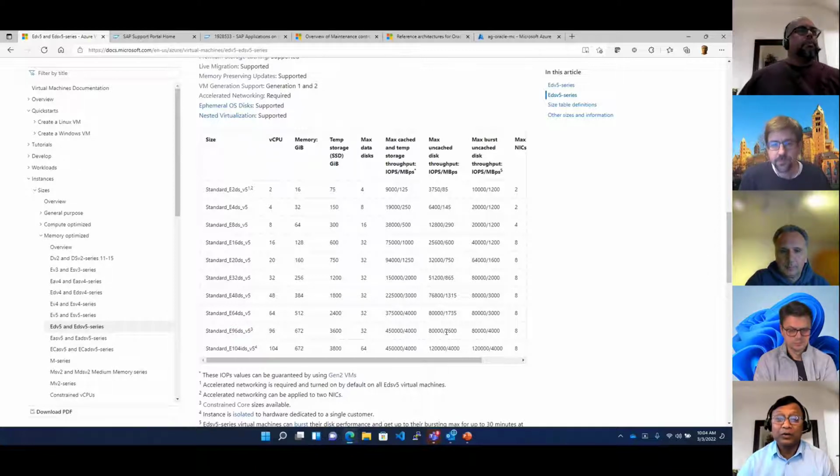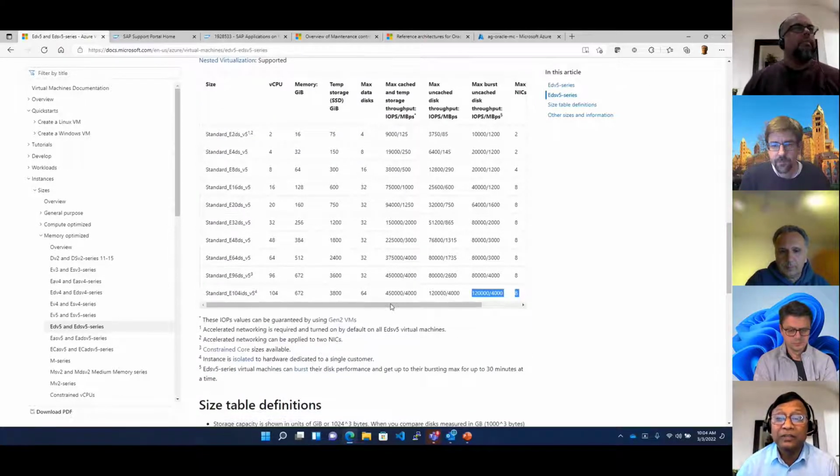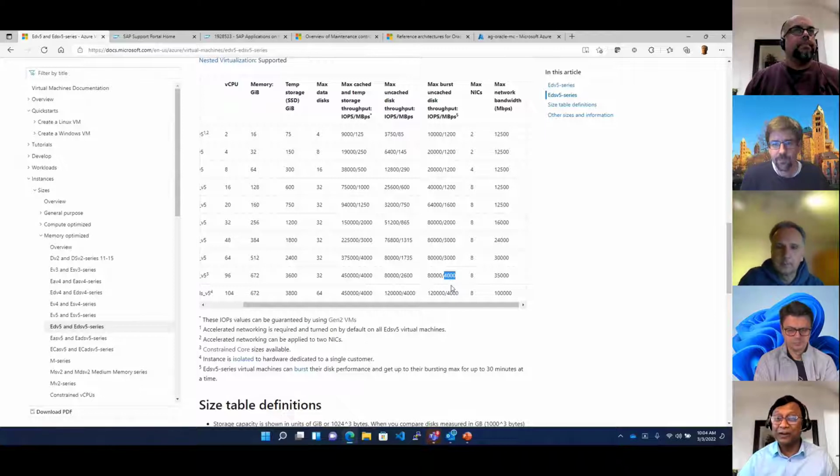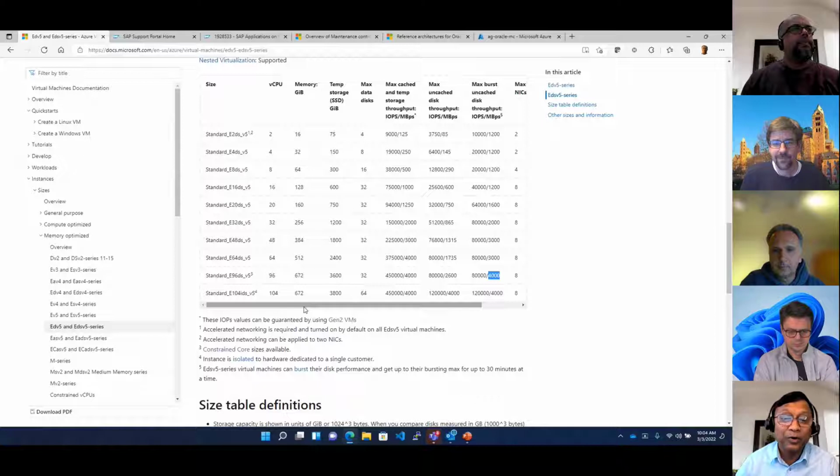Now you can go up to, this is E5, and as you can see the number of IOPS is increasing. The throughput is increasing up to 4 GB now. It used to be 2 GB, predominantly on all SKUs in Azure. With the newer SKUs, even on the managed disk, we are able to push our throughput to higher limits. And the network interface goes even higher in the 104 SKUs.